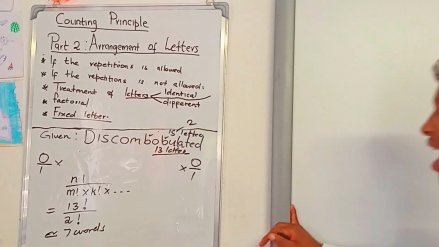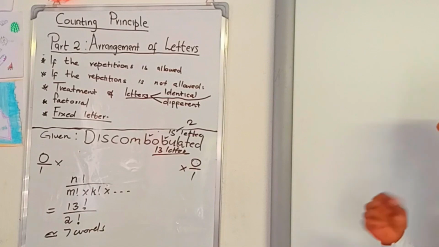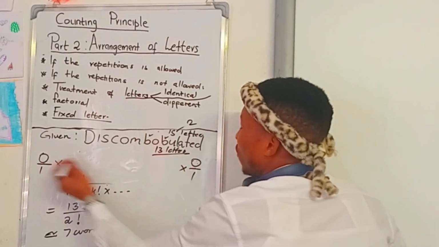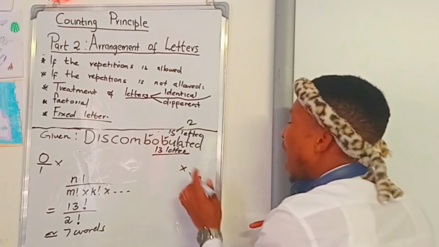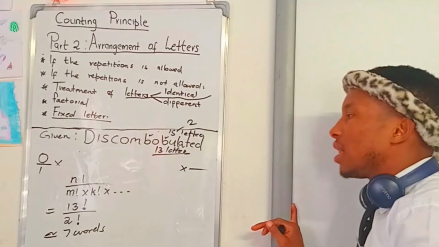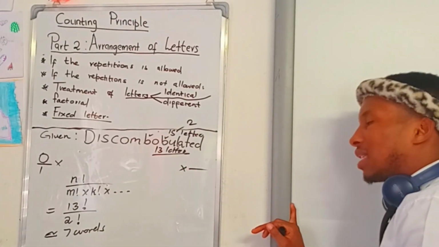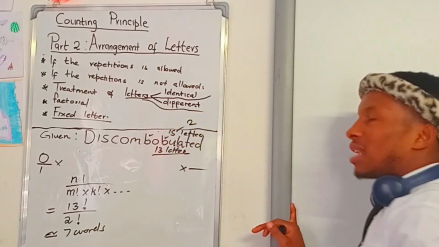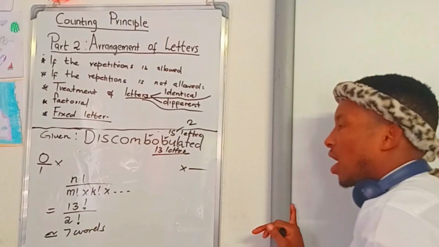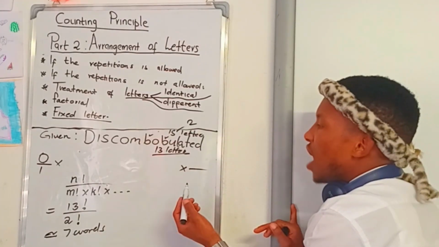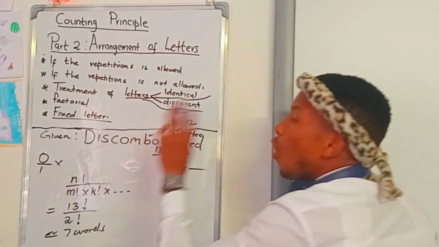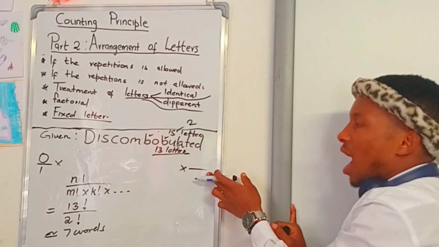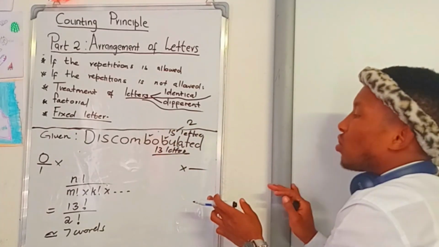Therefore, as well as if they're telling you that now only one O is fixed. The word is going to start with O only. Then how many arrangements are going to be made if the word is treated as different? If the word is treated as different, then how many letters do we have now? If the word is going to start with O only, O is fixed, then that means that the O that is here goes back to the total sample space.